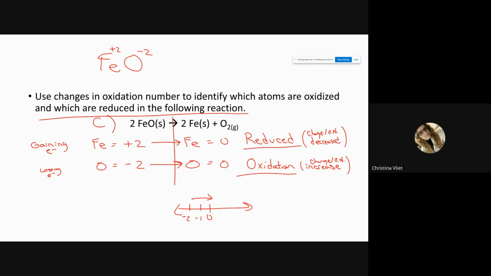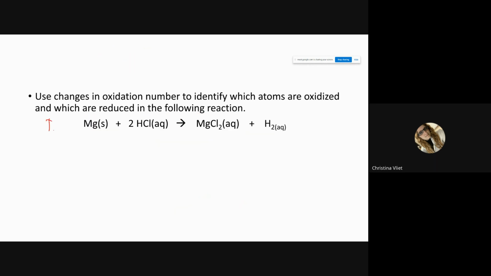All right, let's try another one. D. Try this one. See if you can try it yourself. I'll give you a little bit of time. Use changes in oxidation number to figure out what element here has been oxidized and what element here has been reduced. And this is going to be a slight step up, a little bit more complicated because instead of having 2 total elements in your equation here, you've got 3 total elements in your equation. So check it out and see if you can figure it out. I'll give you a few minutes before I start solving. Try to do it yourself first this time.